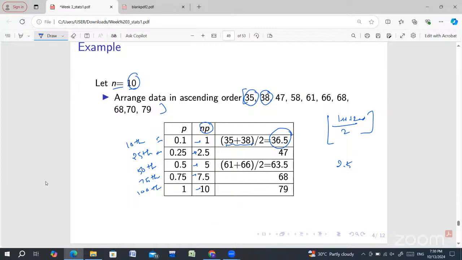No. So in that case, we use the integer part, which means 3. But if it is an integer like 1, then we take the average of it. This is the rule, so we have to use this formula only.